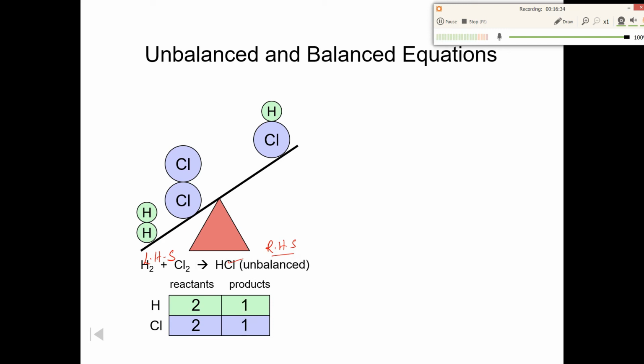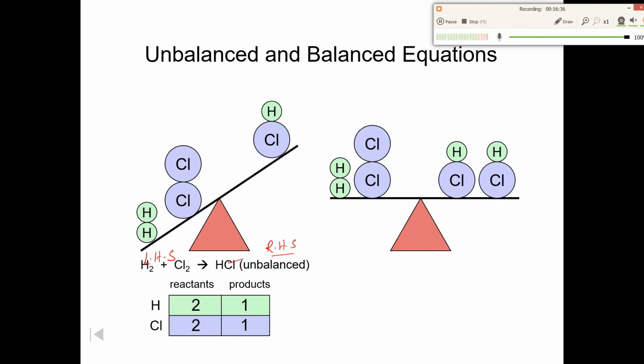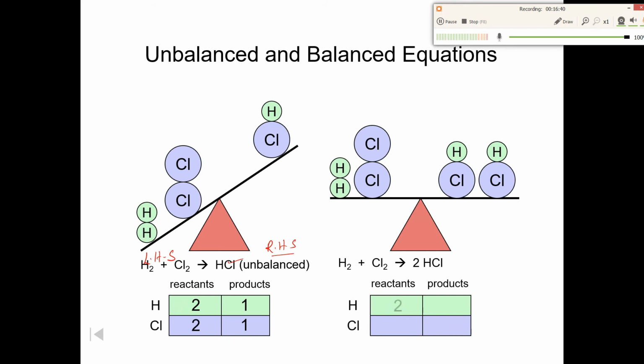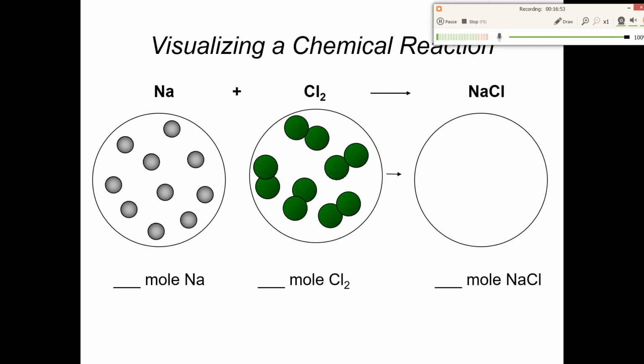This is an unbalanced chemical equation, but when balanced, there are 2 atoms of hydrogen and 2 atoms of chlorine on the reactant side, and 2 atoms of hydrogen and 2 atoms of chlorine on the product side as well. How does that happen? Whenever a chemical reaction takes place, it happens by equal distribution of the atoms present going into the reaction.